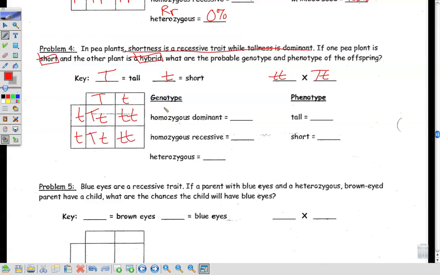So homozygous dominant, two capital letters, we don't have any of those. Homozygous recessive, two lowercase letters, we have 1, 2 of those, so that's 50%. And heterozygous, we have 2 of those, so that is also 50%. Tall, we have 1, 2 that are going to be tall, so that's 50%. And 2 that are going to be short, so that is 50%.